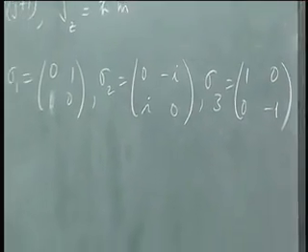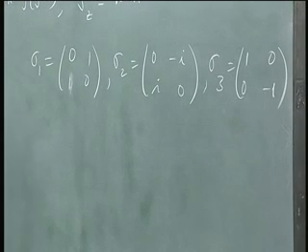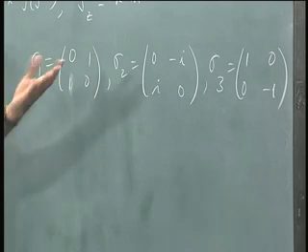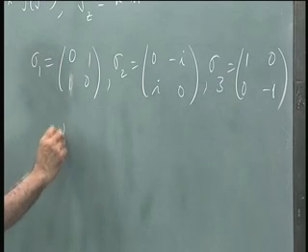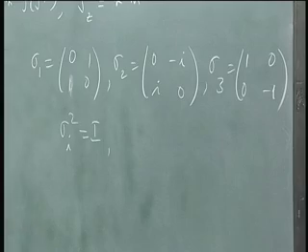That is a very useful representation for spin half, because the square of each of these sigma matrices is equal to the identity matrix, so sigma i squared equals the identity matrix, and they obey interesting commutation relations.